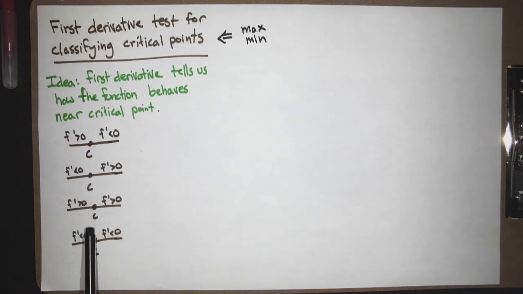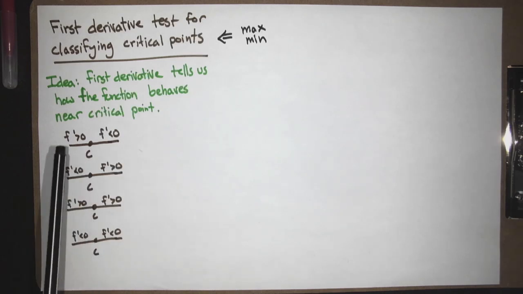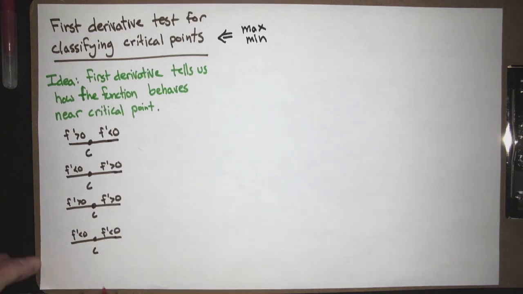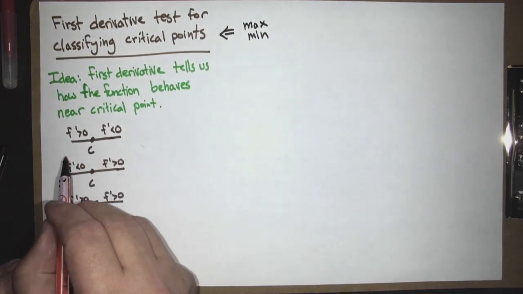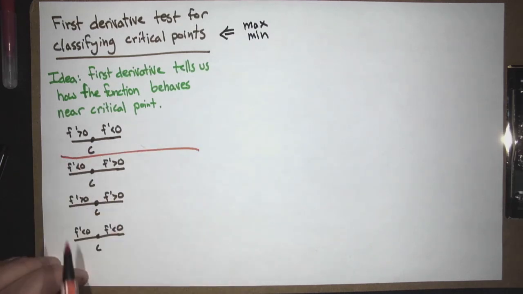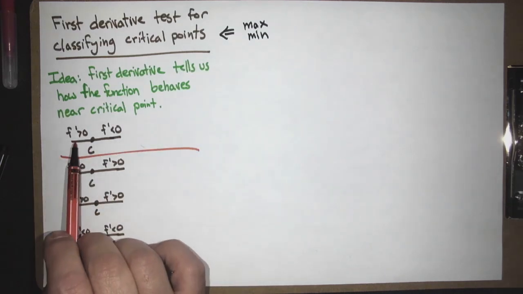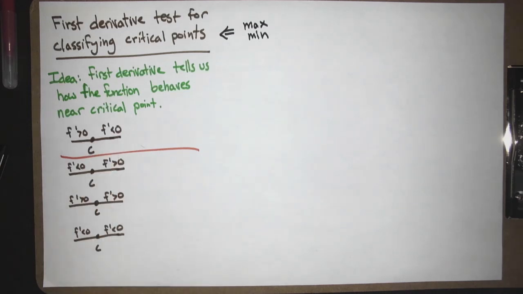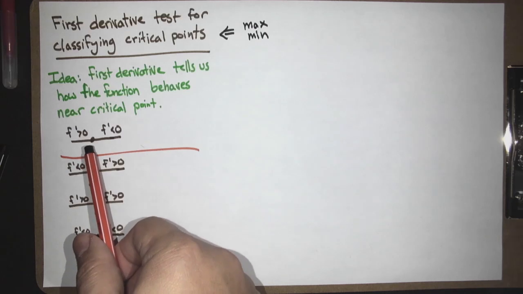C is a critical point. And then look at the left and the right. What's the behavior to the left of your critical point? What's the behavior to the right of the critical point? And there are 4 cases. So let's think about it. The first case here, if I am positive before C and negative after C, think your intuition. I am positive. What's happening before C?